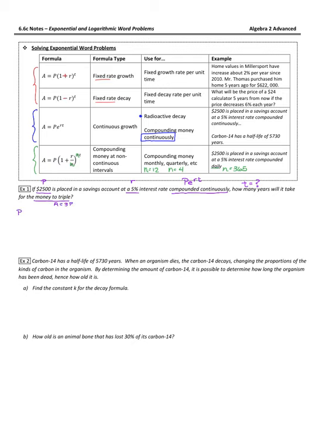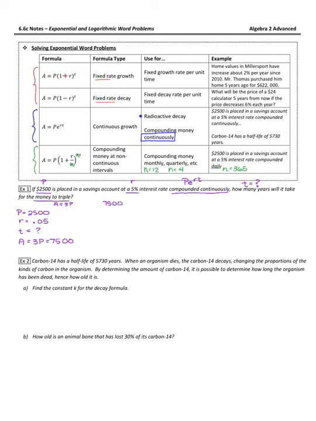Let's make a list of what we know. We know P is 2,500. We know that R is going to equal 0.05. We know that time is what we're trying to solve for. A is 3 times P, which equals 7,500, so 3 times 2,500. And we know which formula we're using, so we can set everything up.